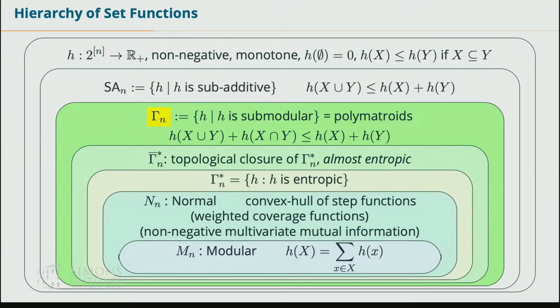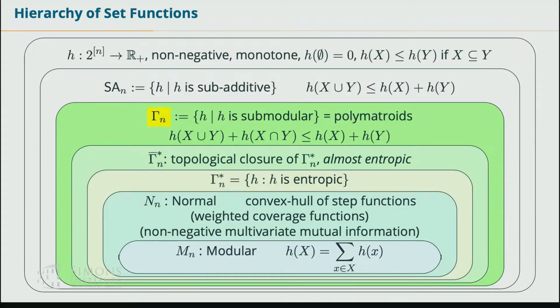And then as we are adding more and more constraints to these sets, we are narrowing down this collection of set functions. So for example, you can have sub-additive functions which satisfy this inequality. The one that is most important to us is submodular functions. So it is non-negative, monotone, and submodular, which means it satisfies this inequality.